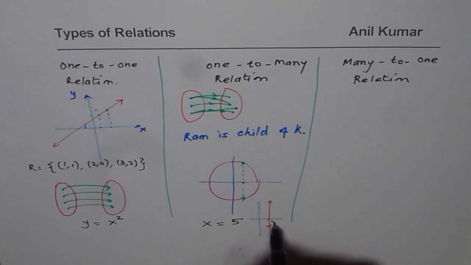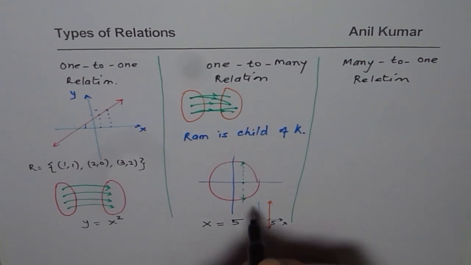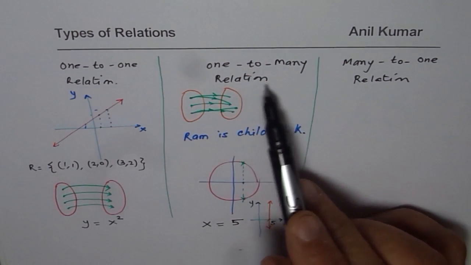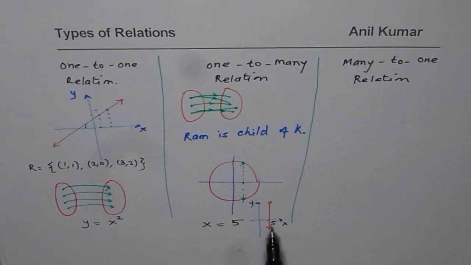So x equals 5 is a vertical line which is an example of one-to-many relation. Here the domain is just 5 and the range is all real values of y. Do you get the point, right? So that is how you could have many relations where the relation is one to many.